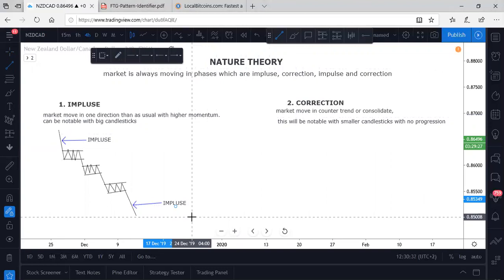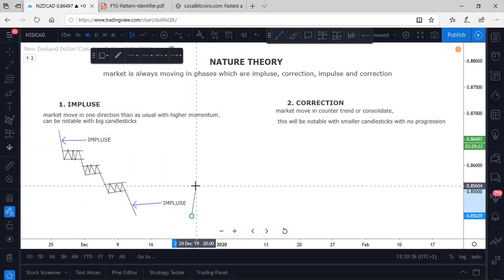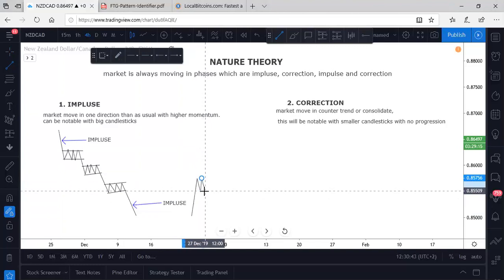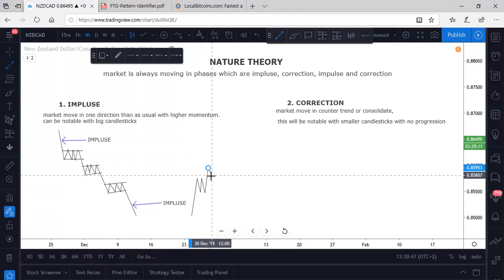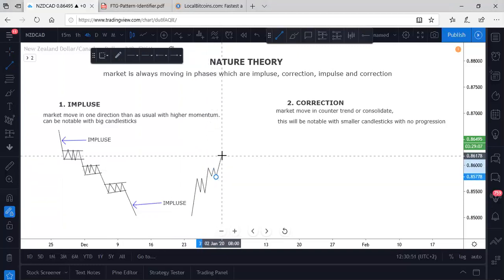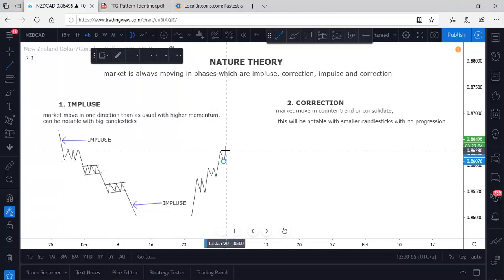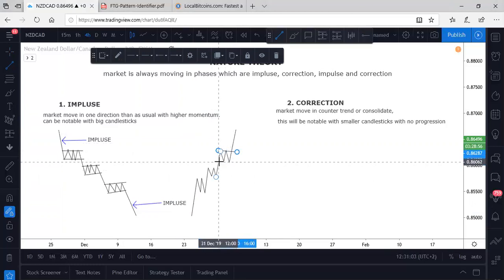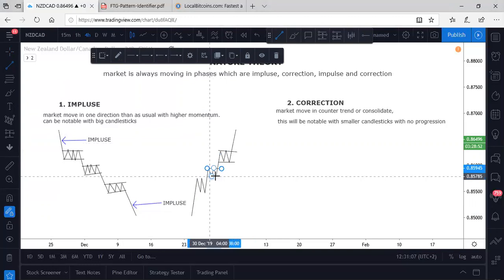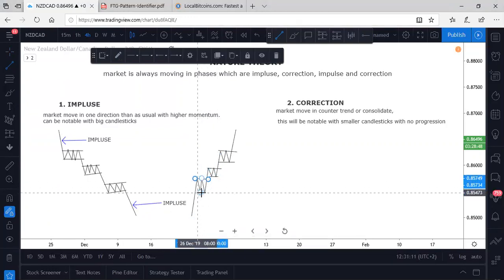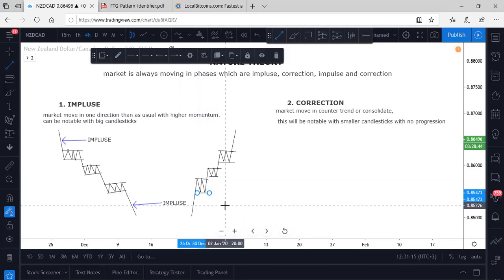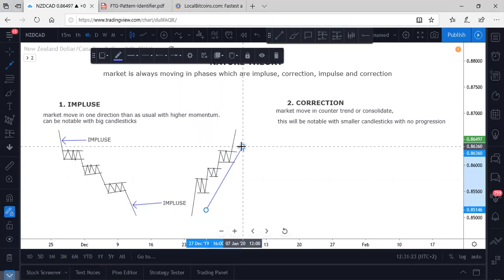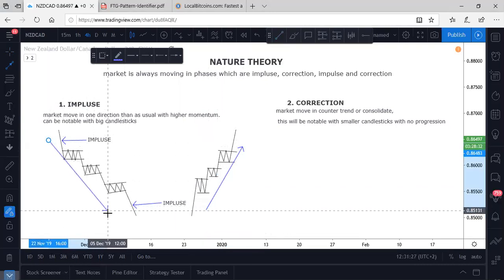Okay, maybe let us finish here. So this is the uptrend, and this is the downtrend.